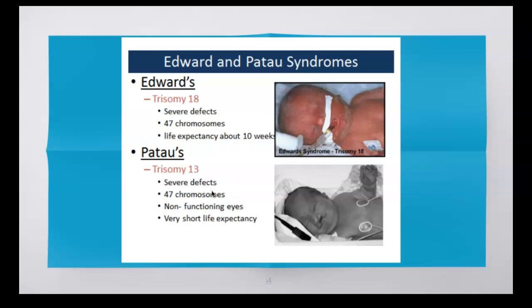Same with Patau syndrome, which is trisomy 13. Again, on the 13th chromosome, if they had an extra one, your cells wouldn't be able to read what's happening. And again, really, really short life expectancies. So super sad ones also are a thing.